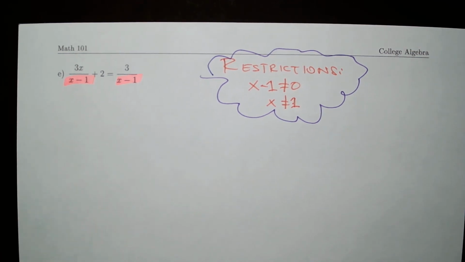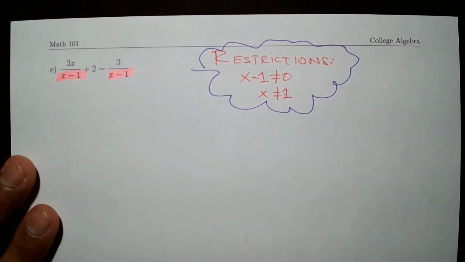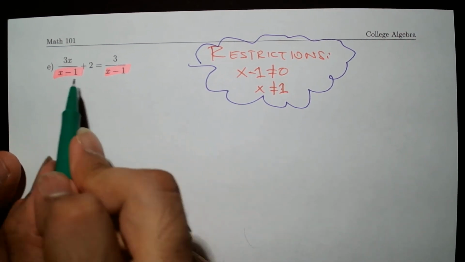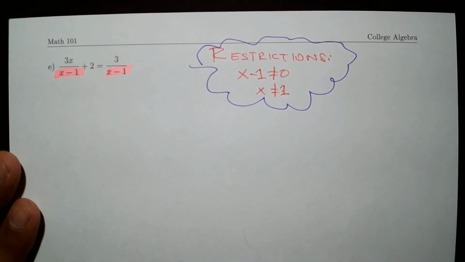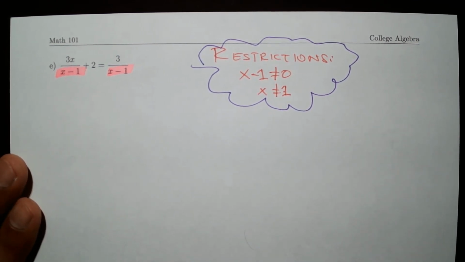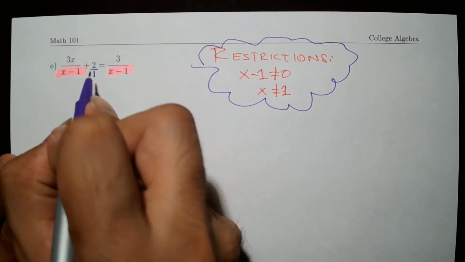So that is going to be our only restriction. Alright, let's get ready to move on with this example. Now we need to get rid of these denominators by, again, what did we do on the previous examples? Yes, multiply both sides by the least common denominator. However, before we do that, keep in mind that this 2 is a 2 divided by 1.